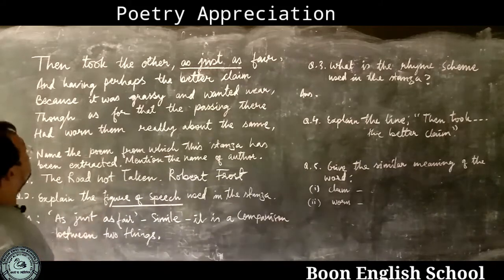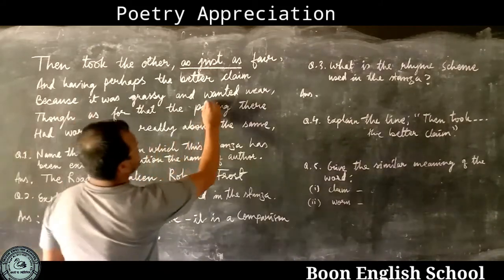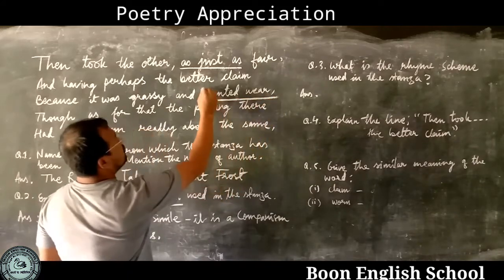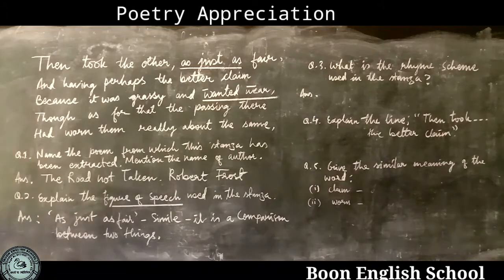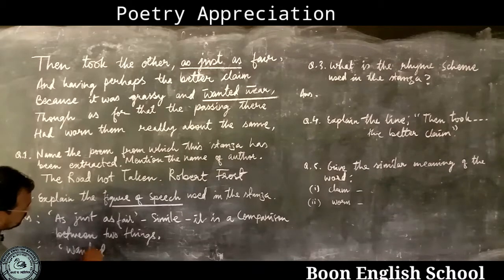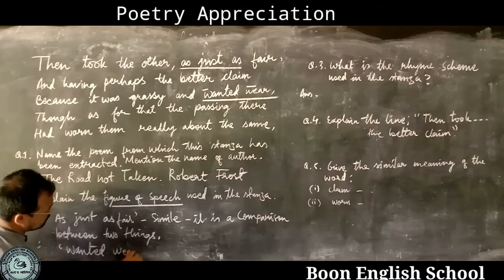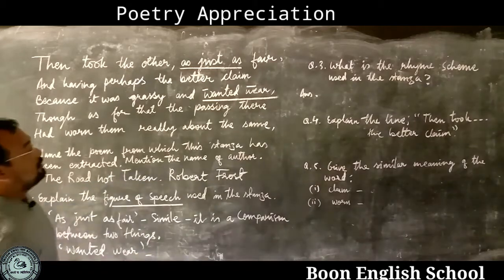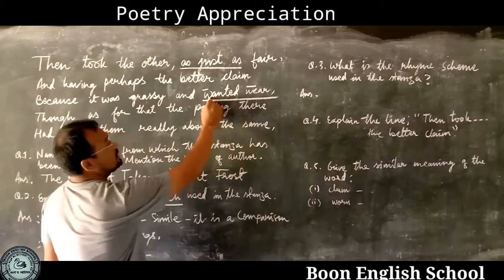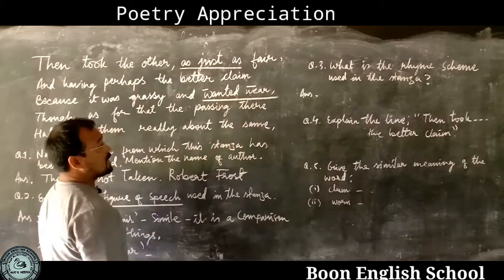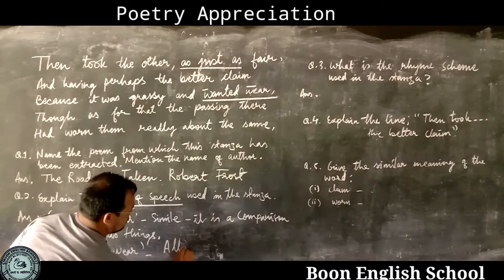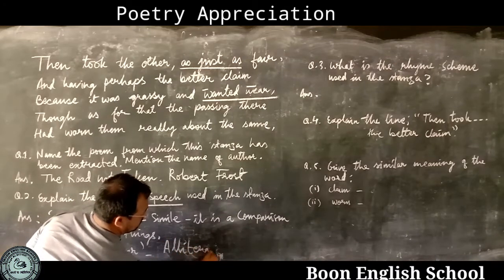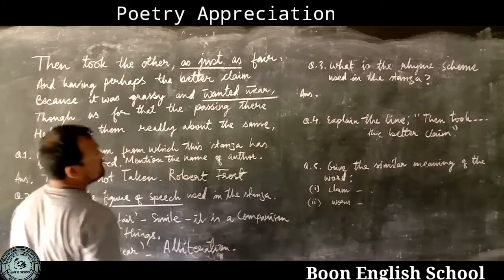You will see here in the next line, "wanted wear." Here W is repeated. If you see this kind of sound repeated, again you will point it out. The consonant sounds are repeated here, W and W. This type of poetic device is known as alliteration. Why is it alliteration?